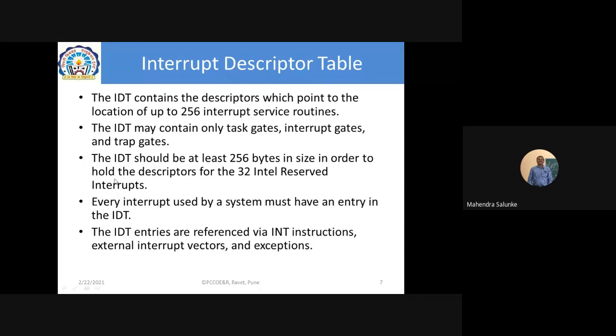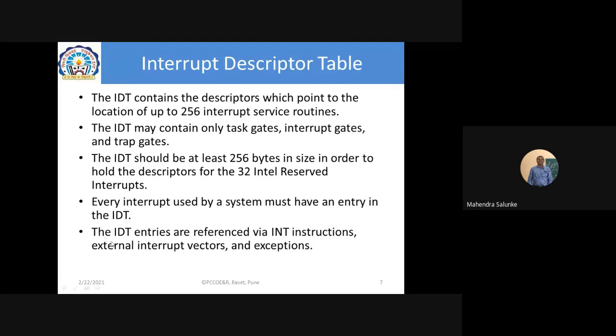These are predefined interrupts in our system. Every interrupt used by the system must have an entry in the IDT. This is the mandatory part. If you want an interrupt service routine to be defined and accessed after receiving the interrupt, then its descriptor must be there in the IDT. There is no alternate way.